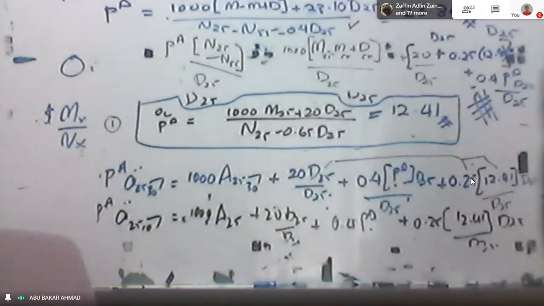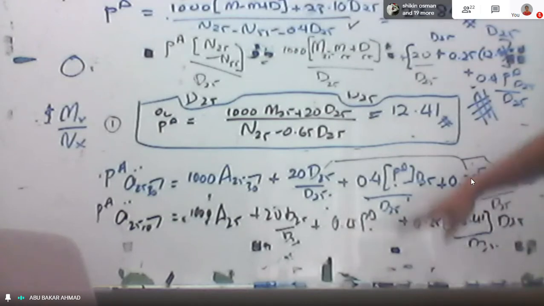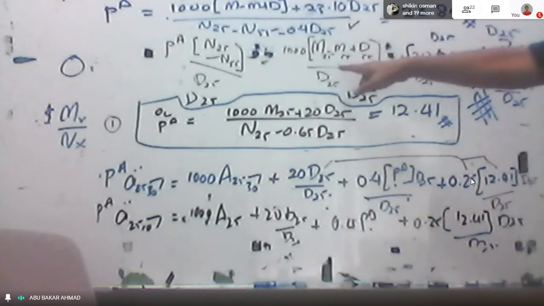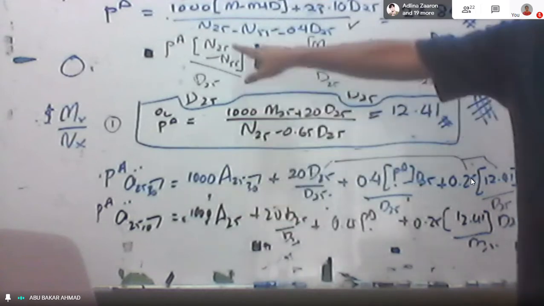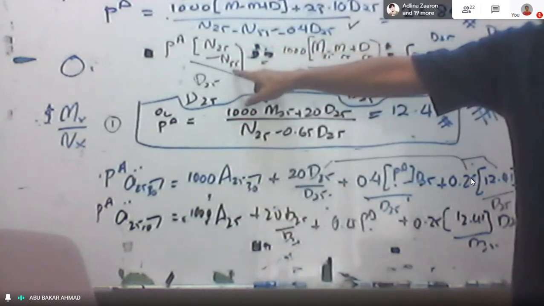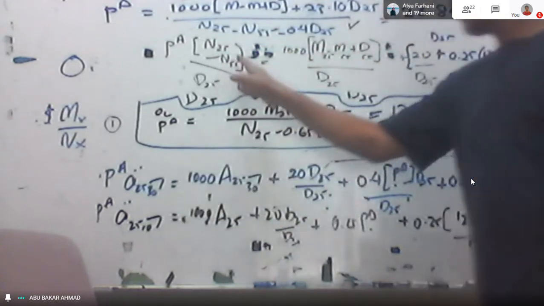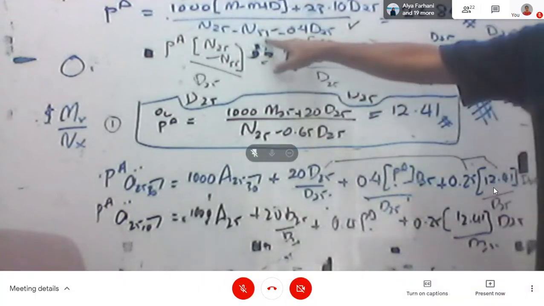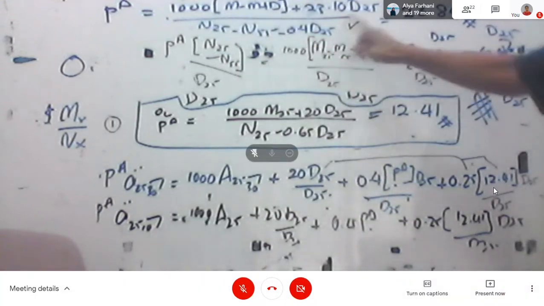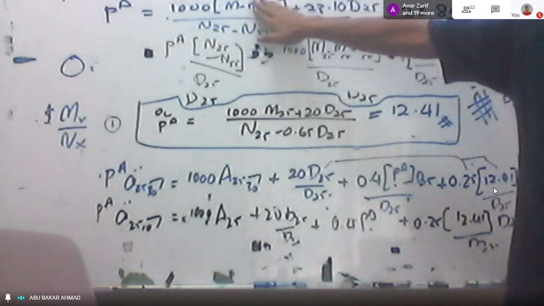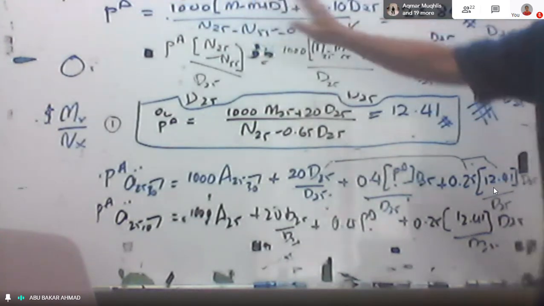Yang beza ialah di sini. In terms of that. So you create a new equation in terms of that. Kita masukkan dekat sebelah sini, kita pecahkan in terms of that N25 minus N35 yang dekat sini pula. In terms of that, ini dah lari in terms of benda tu. Ini sama. Yang ini tak ada yang ni MM saja yang maintain.